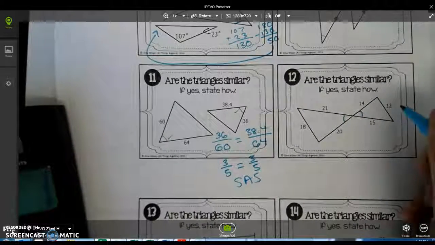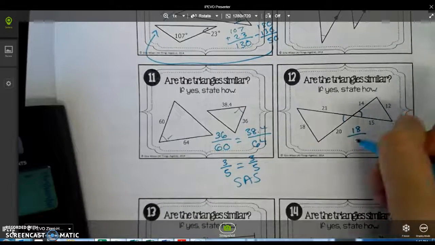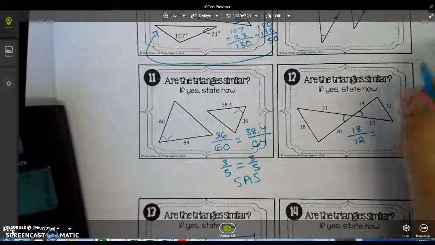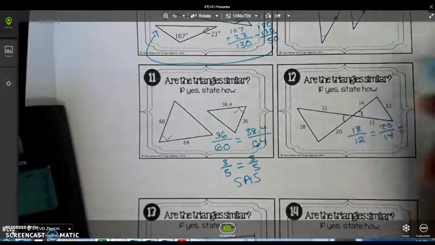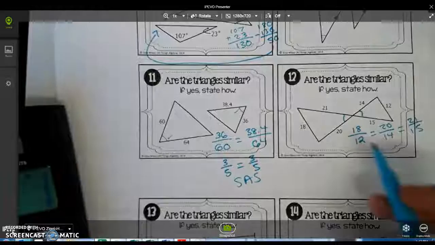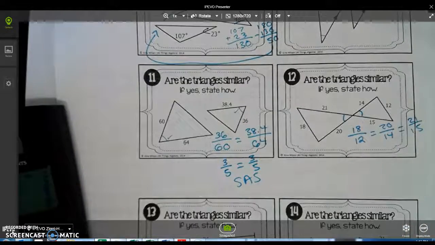Anyway. Smallest and smallest. Smallest over here is 18. We'll put the smallest over here is 12. Smallest is 20. Smallest is 14. Smallest is 21, or what's left over, and 15. Divide out. I get 18 over 12.